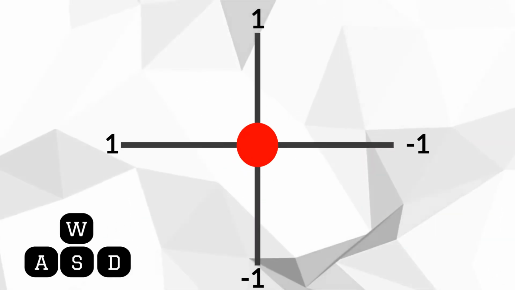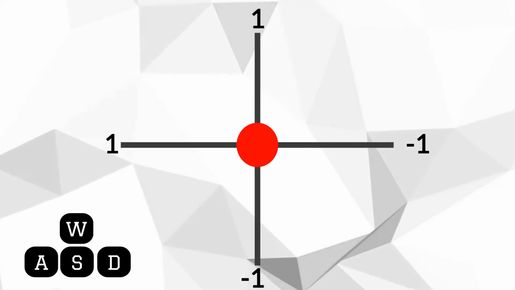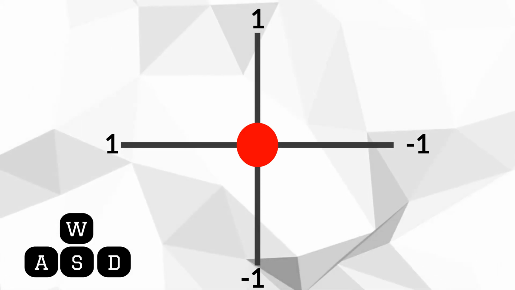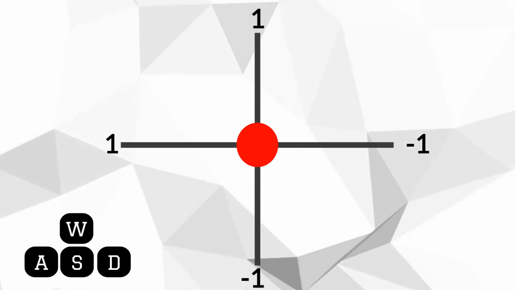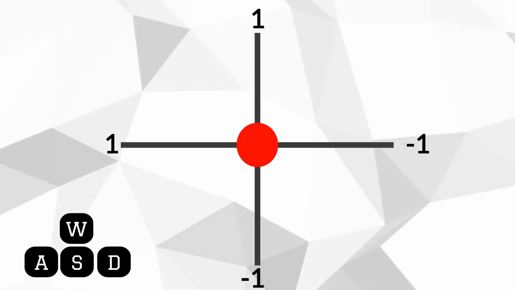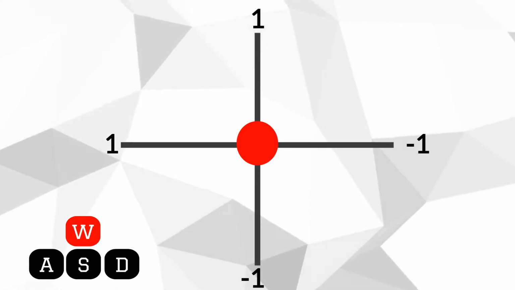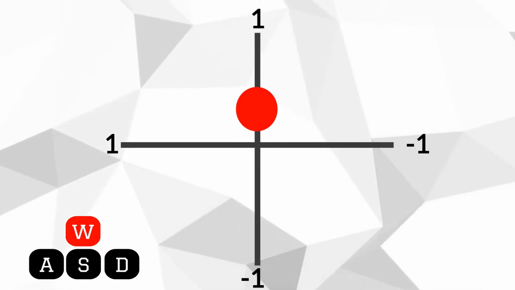So let me tell you how this works. Let's take that the vertical line is the vertical axis and the horizontal line is the horizontal axis. If the player presses W, he will travel towards 1 on the vertical axis.